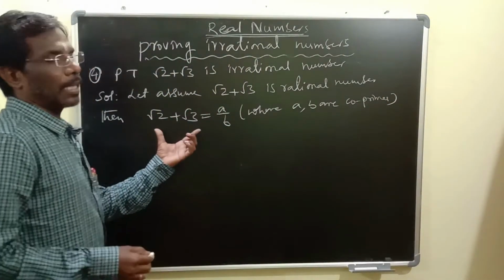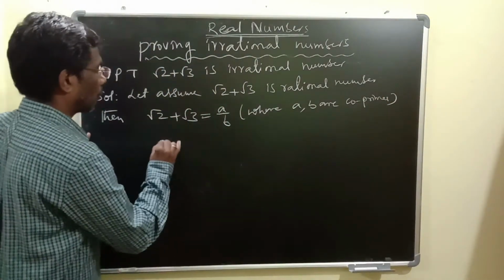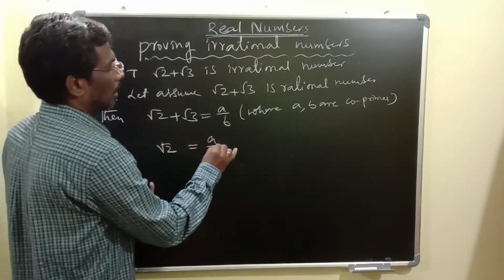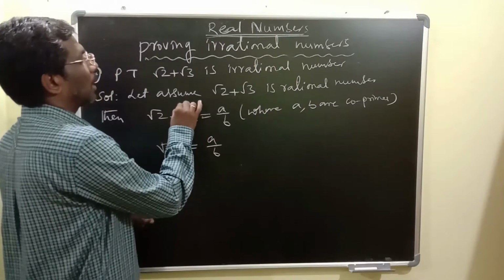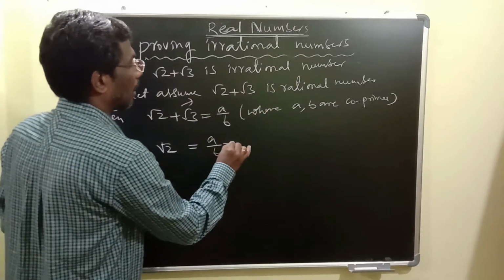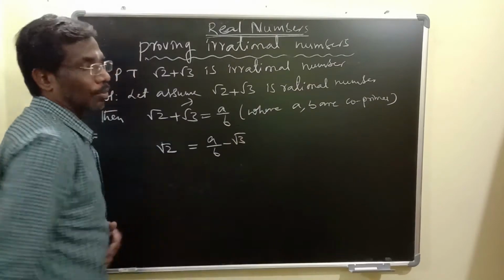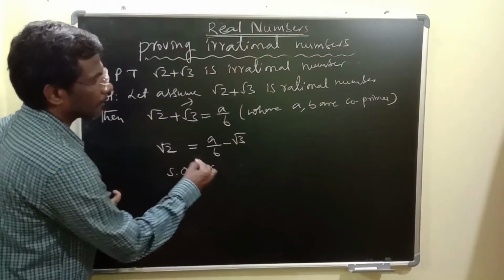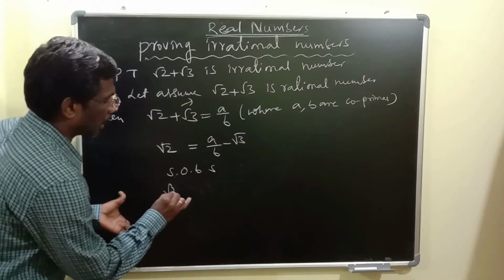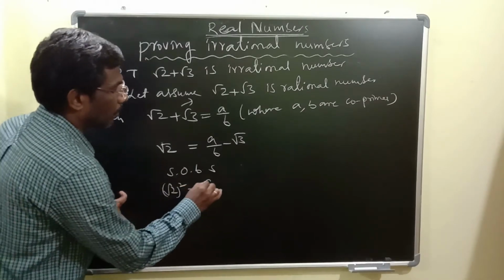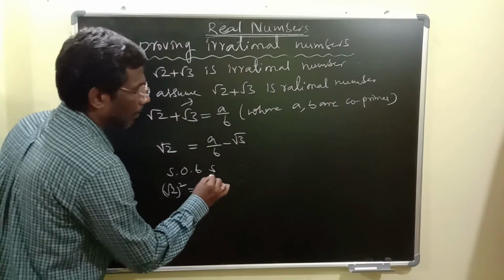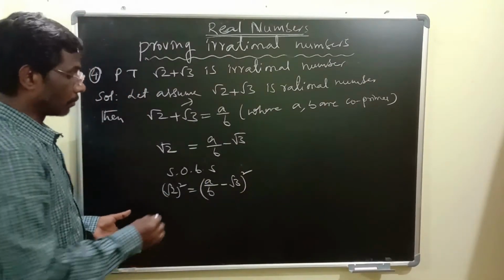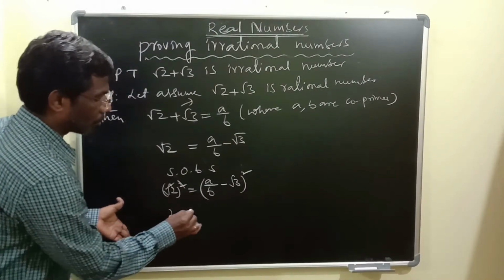Now we keep any one value in this 2. So I am writing root 2 as it is, A by B plus root 3 transfer to the right side, that becomes what? Minus root 3. Next you do squaring on both sides. Then we can write root 2 whole square is equal to A by B minus root 3 whole square. The square root gets cancelled, 2 remains.